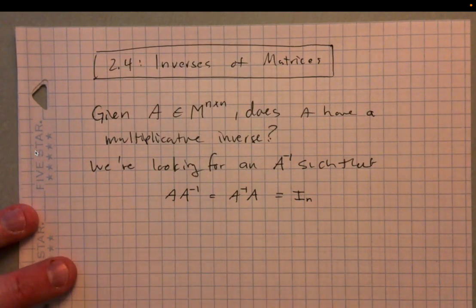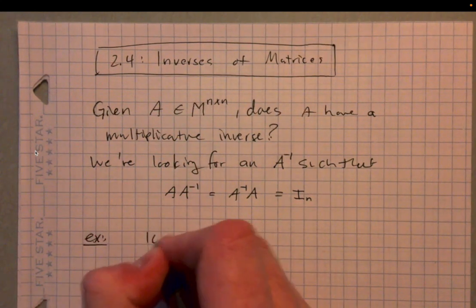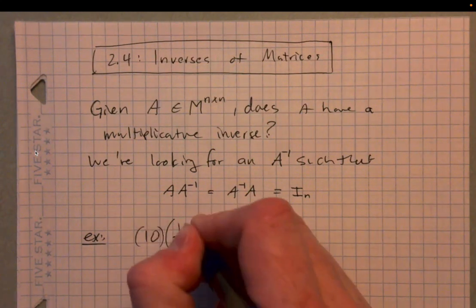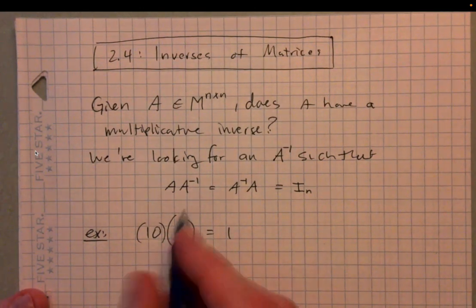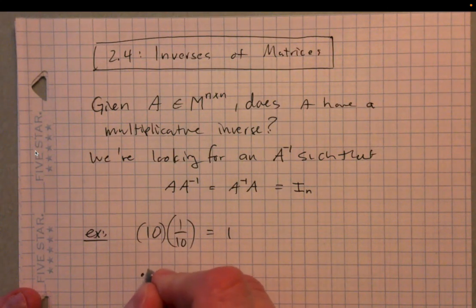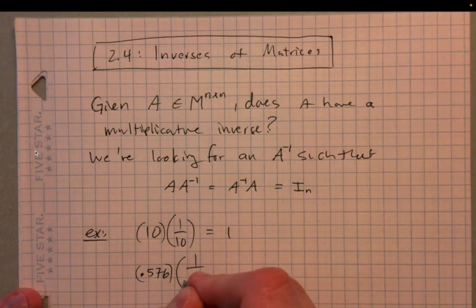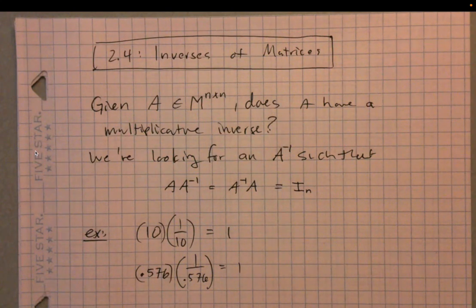For example, 10 has a multiplicative inverse of 1 over 10, because the product is equal to 1. Any real number will have some kind of a multiplicative inverse. If I have 0.576, the multiplicative inverse is 1 over 0.576. I multiply those together, I get 1. So it's very similar to this concept. Maybe it even is identical to this concept. We have to think that through.